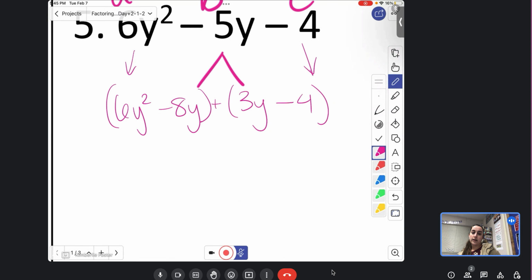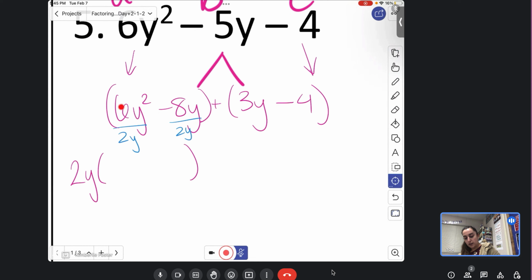Okie doke, now it's time for GCFs. Looking at this first binomial, I have a 6 and an 8. Those are both even, so I know I can factor out a 2, and they also both have a y, so I'm factoring out 2y. So that means I'm dividing each term by 2y. We're going to divide our big numbers and subtract our little exponents.